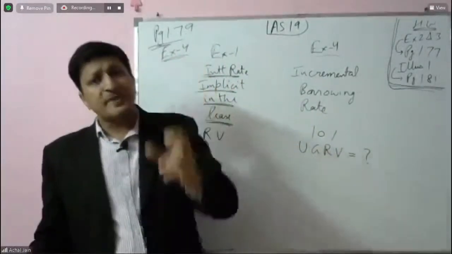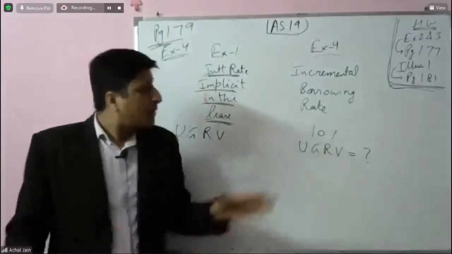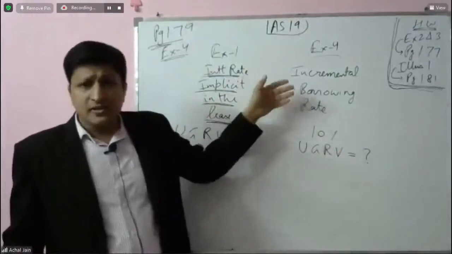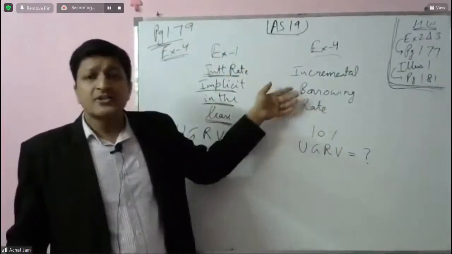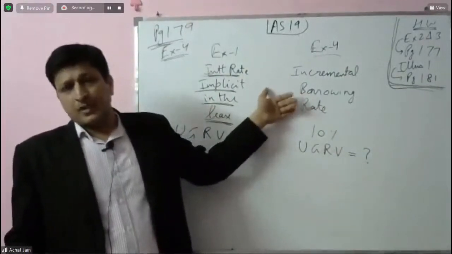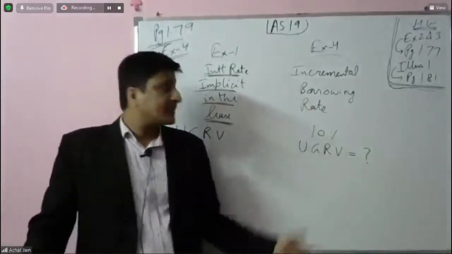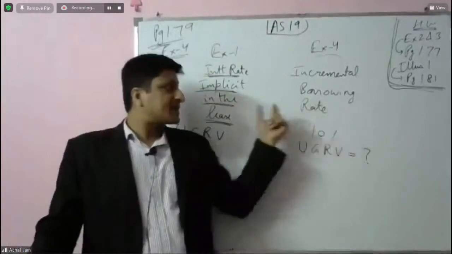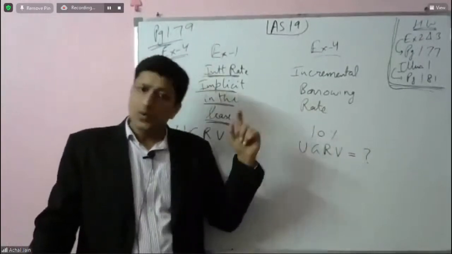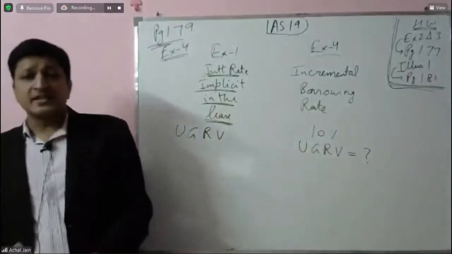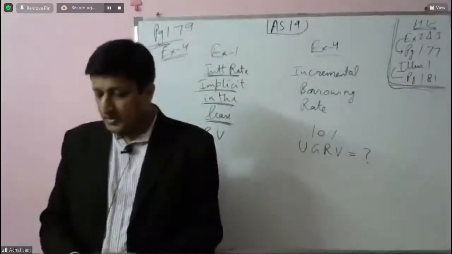It is not specific to the lease arrangement, but practically organizations use this rate. In fact, this is more commonly used as against the other one. But in the exam, you need to apply this according to the approach we have discussed.